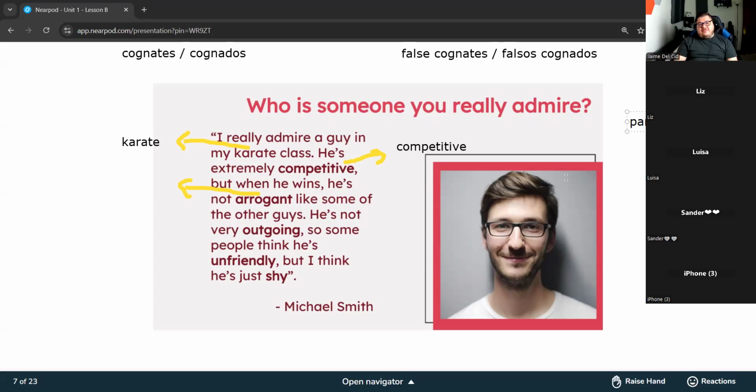Se escribe igual, parecería que se pronuncia igual, pero su significado es diferente. Esos son false cognate. We have to be very careful with these words. Otro falso cognado podría ser, por ejemplo, la palabra embarrassed. Embarrassed. La palabra embarrassed, ¿verdad? Pareciera tener que ver alguien con embarazado, ¿verdad? Pero no es embarazado. Esto es de avergonzado.